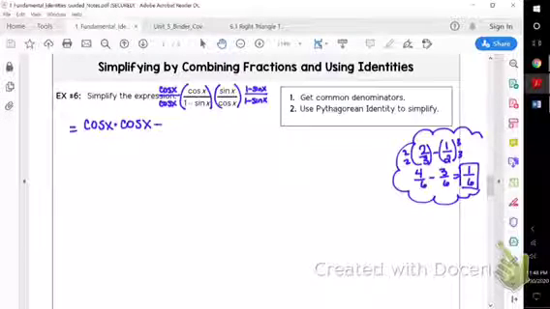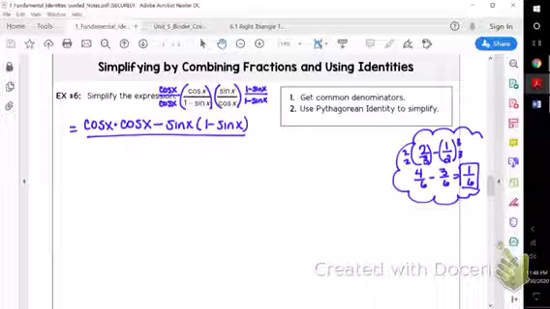And then I have my minus sine of x times that 1 minus sine of x. And I put that 1 minus sine of x in parentheses because it goes together, okay? We multiplied it together. It came from the same denominator. It needs to be together. Okay, over our least common denominator, which was just the two denominators multiplied. So cosine of x times 1 minus sine of x.